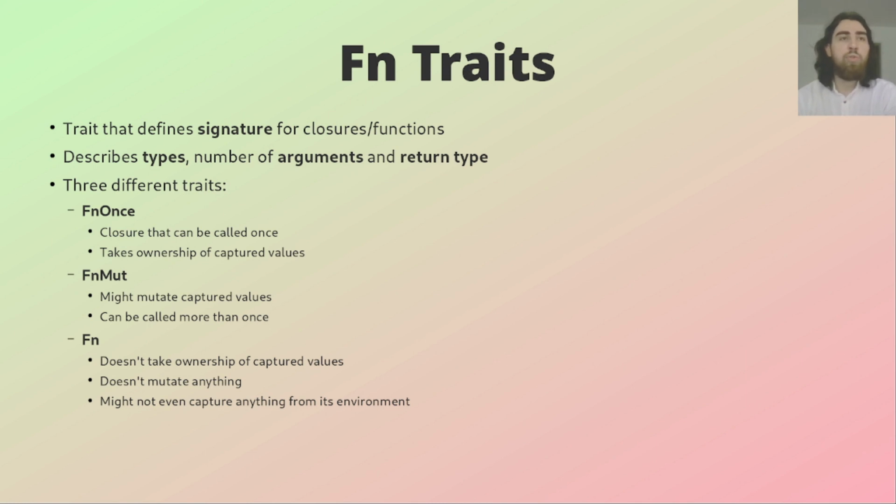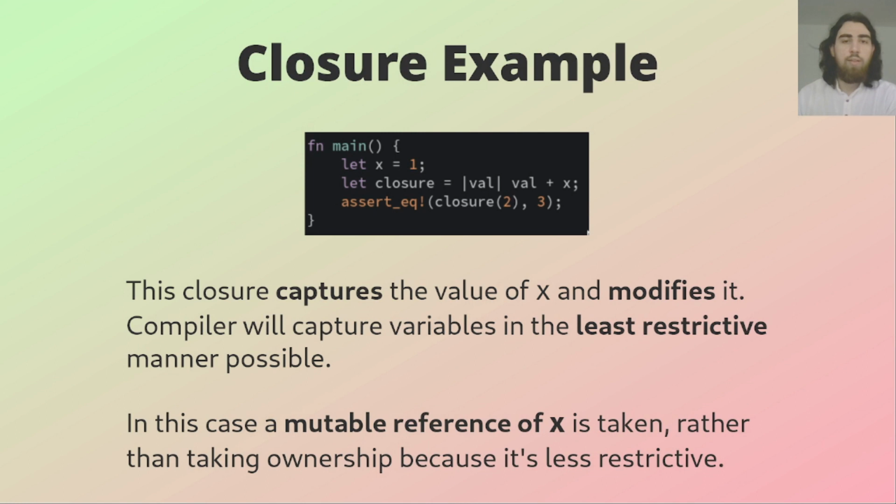FnOnce: the closure can be called only once because it takes ownership of the captured values. FnMut: it might mutate a captured value. It can be called more than once. And Fn: it doesn't take any ownership of captured values, it doesn't mutate anything, and it might not even capture anything from its environment.